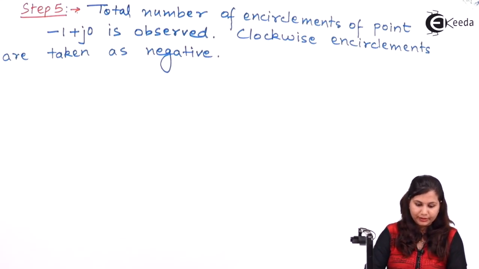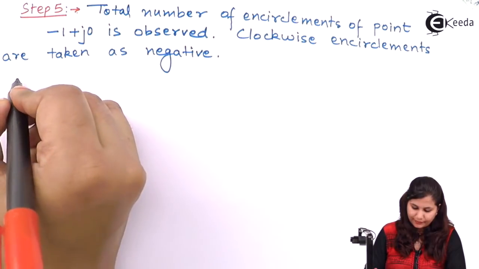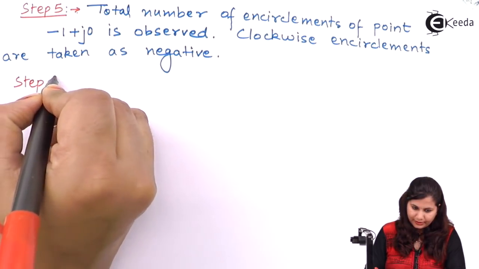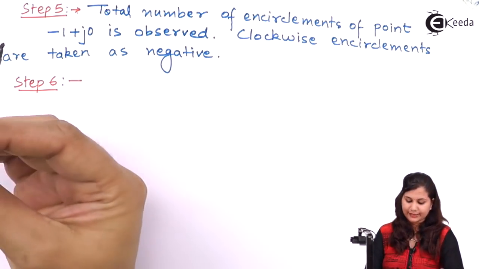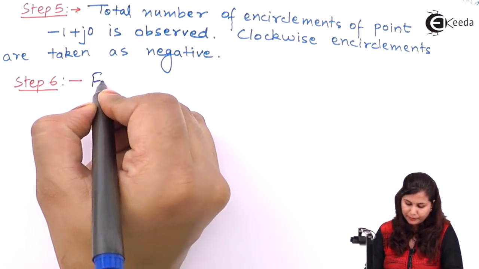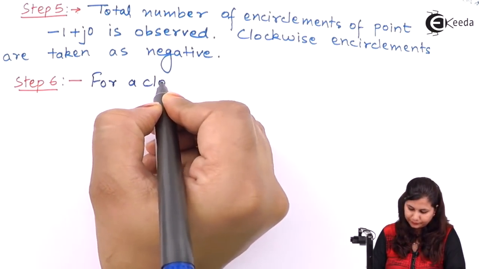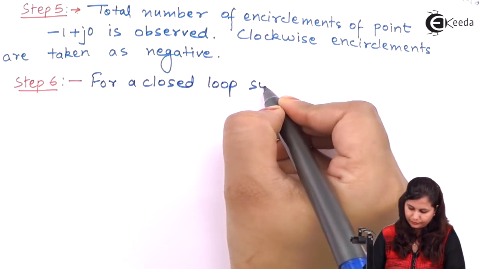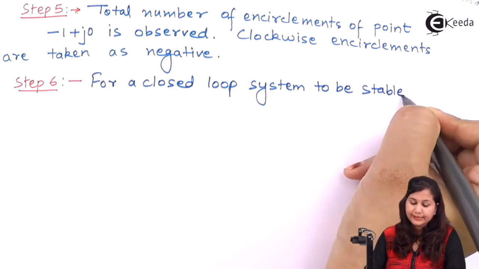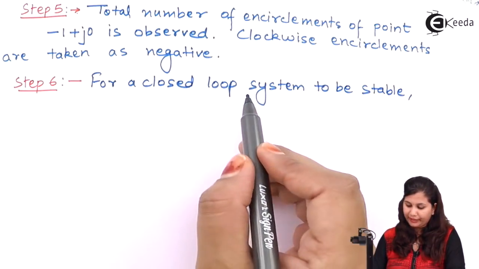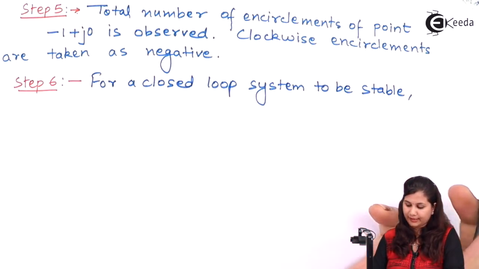Now step number 6. Step number 6 is for a closed loop system: we are going to find out the stability of the system.